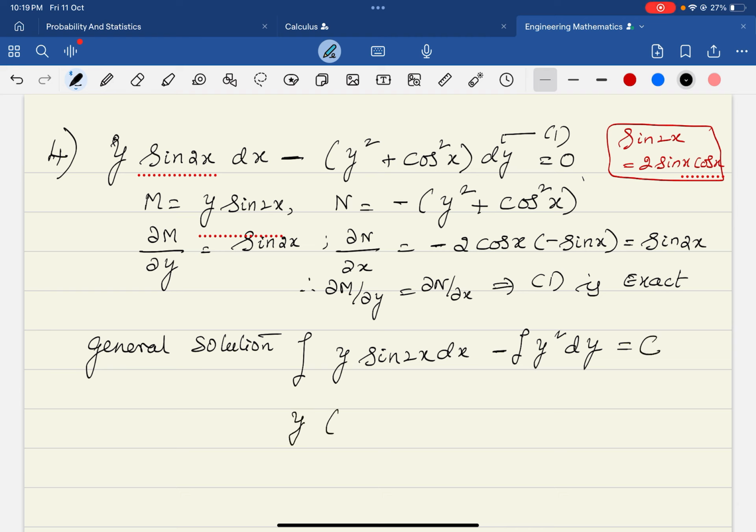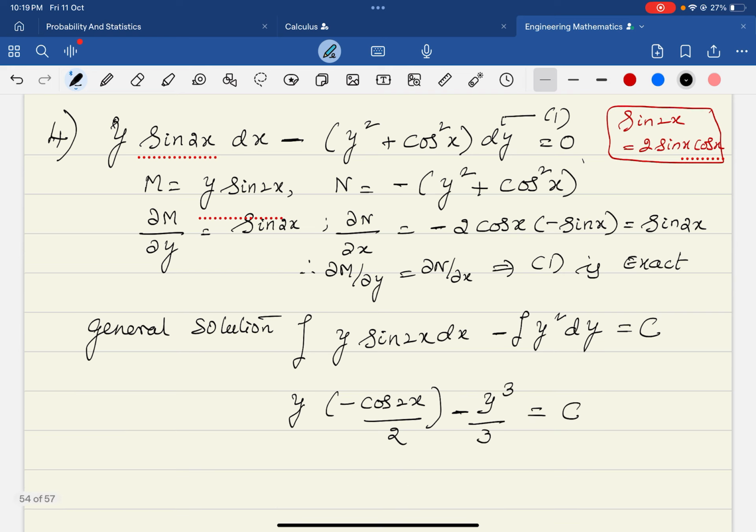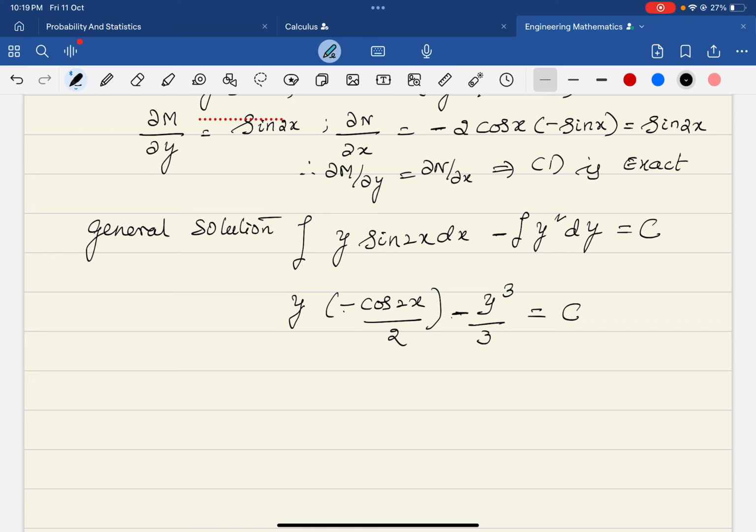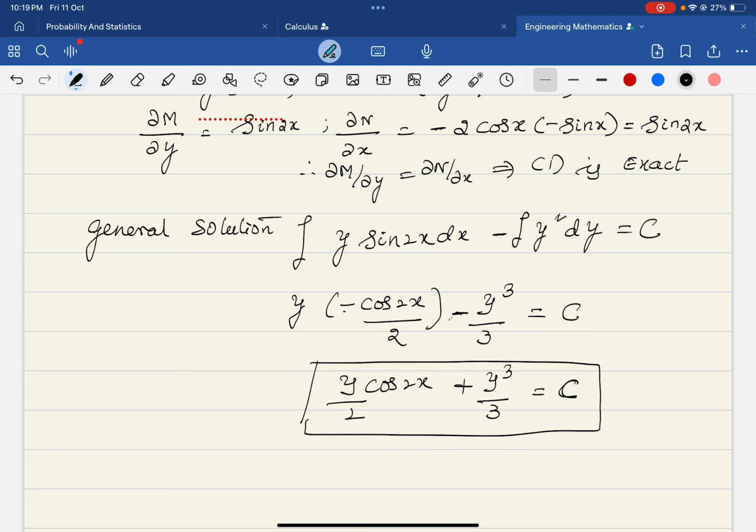The integral of sin 2x is minus cos 2x over 2, minus the integral of y², which is y³ by 3, is equal to c. You can take both of them, they both have minus, right? So you can write y cos 2x over 2 plus y³ by 3 is equal to negative of the constant, which is again a constant. So you can write like this. This is the general solution.